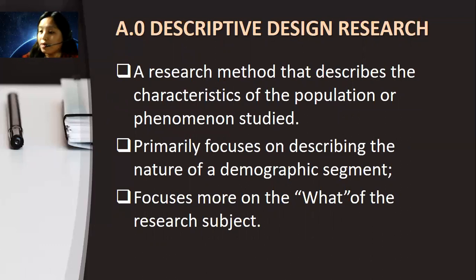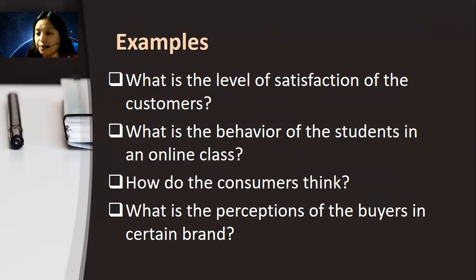The survey designs are further divided into several types. Here we have the research method that describes the characteristics of the population in front of a study, primarily focusing on describing the nature of a demographic segment and focusing more on the what of the research subject. Like, what is the level of satisfaction of the customers? What is the behavior of the students in an online class?